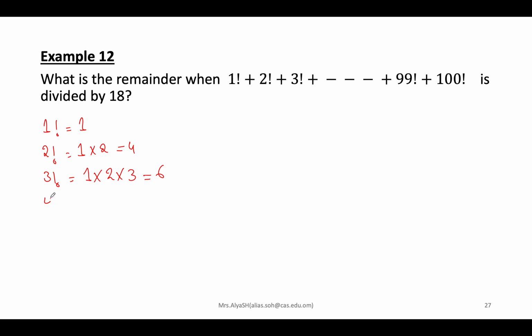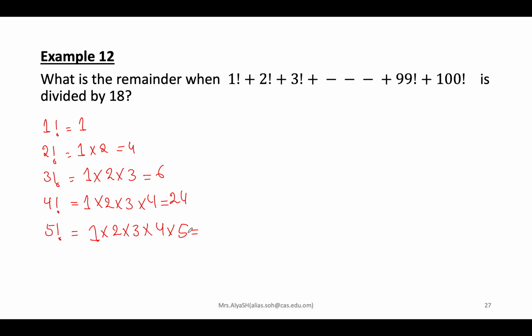Then we have 4 factorial, which equals 1 times 2 times 3 times 4, which is 24.